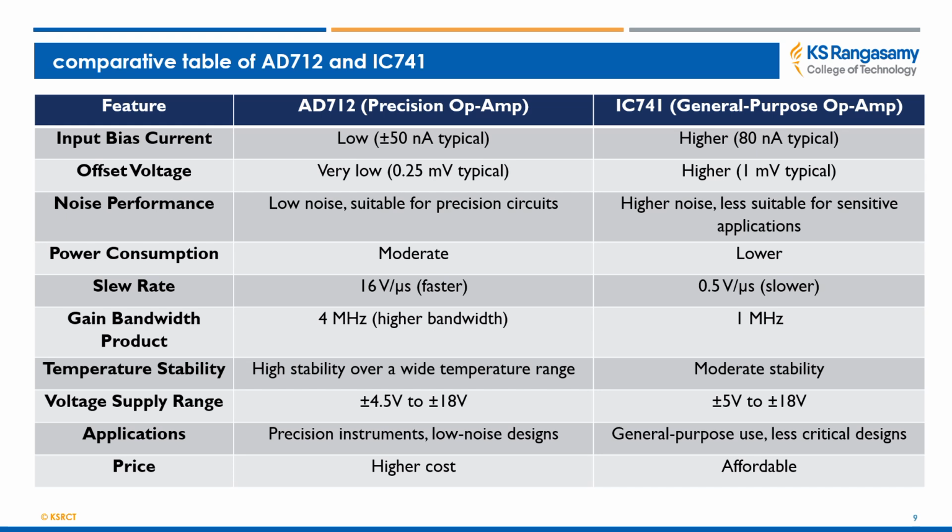Price wise, IC741 is affordable compared with the AD712. AD712 has a higher cost because there are two op amps and very high specifications.